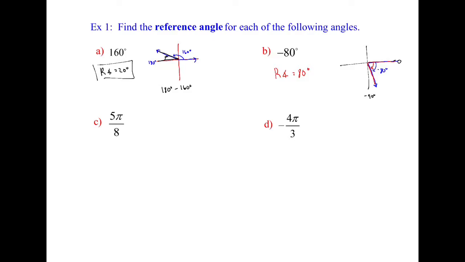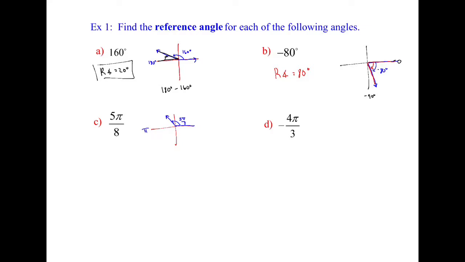On part C, we're dealing with radians, but it works the same way. 5 pi over 8: you have your initial side, and this represents pi, or 8 pi over 8. So 5/8 of a pi, where 4/8 would be a half, so 5 pi over 8 would be somewhere in there.